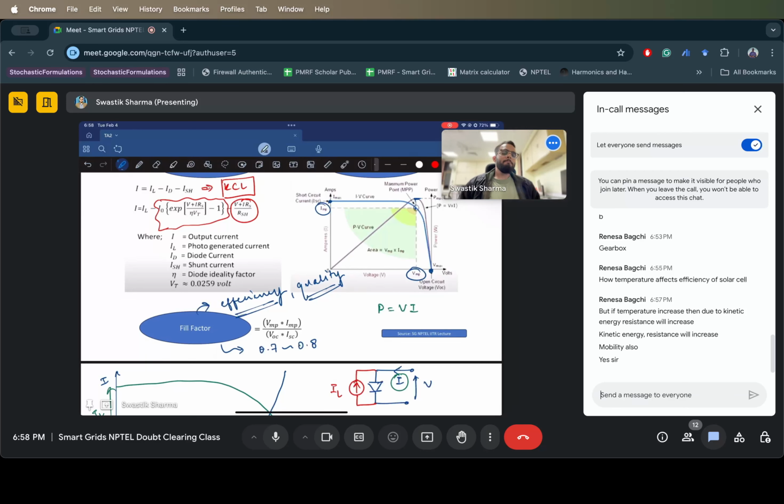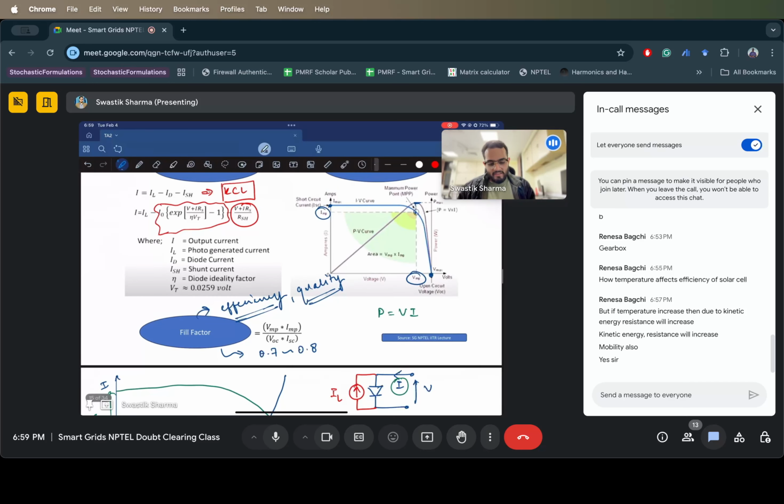Yes. Okay, so let me tell you one thing. All of this temperature effect, everything has its limit. You can only increase up to a certain extent. Over it, even with increasing voltage, your short circuit current becomes less, but it only becomes less after a certain point.